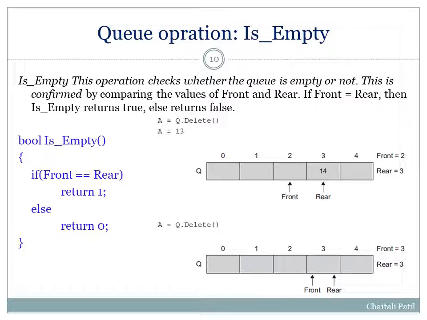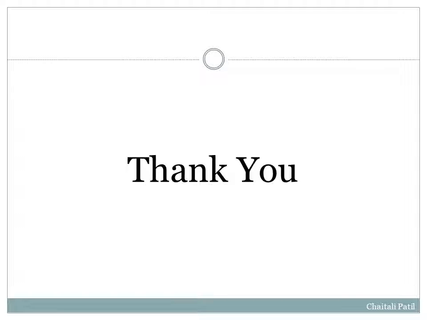Now if we check, there is no element. So what is the condition to check whether the queue is empty or not? If front is equal to rear, then the queue is empty. Even initially, we declared front equal to rear equal to -1, so that condition is satisfied also. So if front is equal to rear, return 1, it means the queue is empty. Otherwise, return 0, it means the queue is not empty.